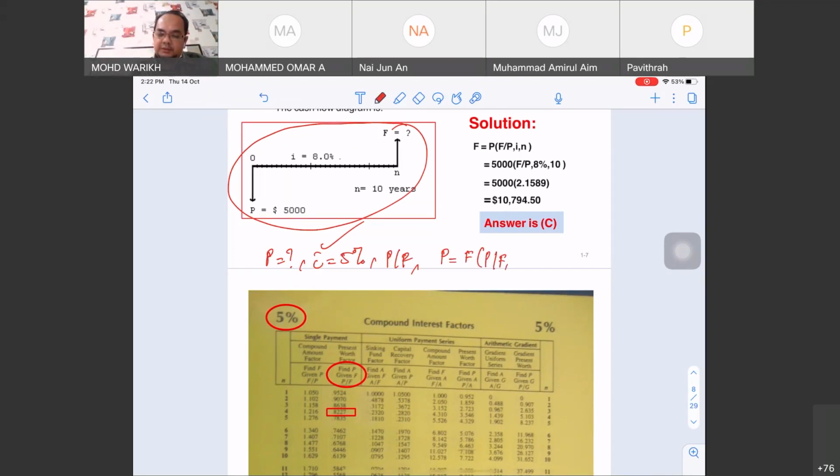P over F, i 5%, number of N is 4. Sorry, this one N is 4.